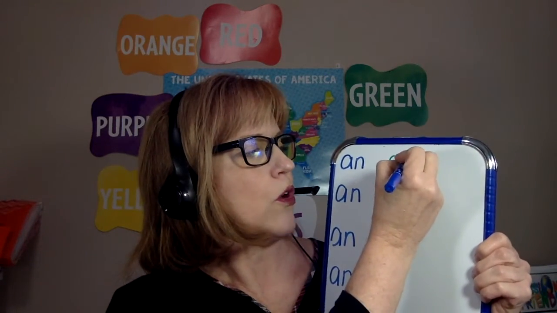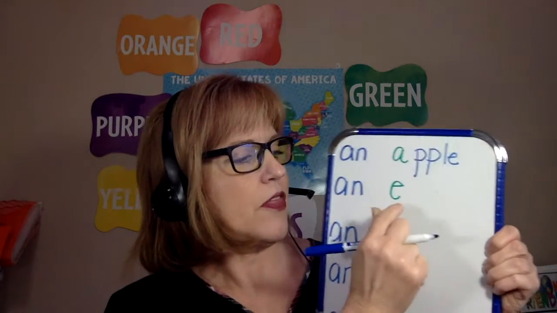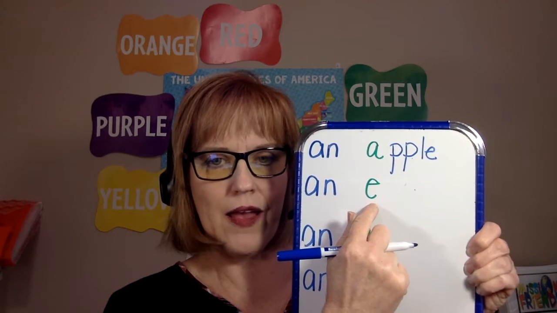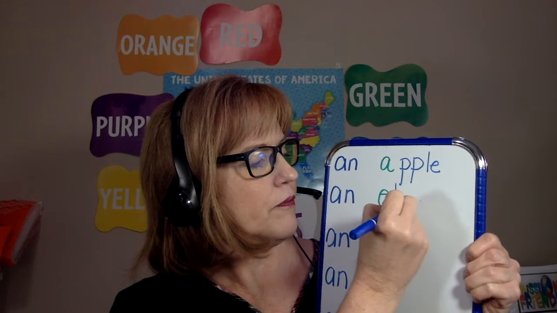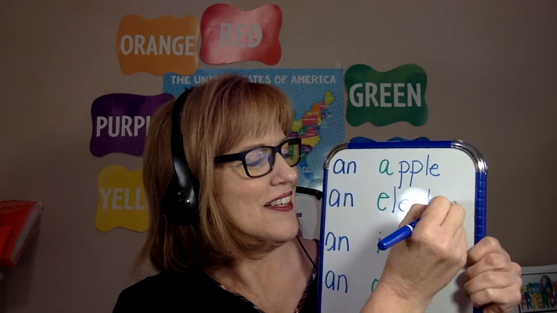So I write the word apple down. Then I'll ask them to think of a word that begins with an "e" sound. And most of them think of elephant. So I will write down elephant.